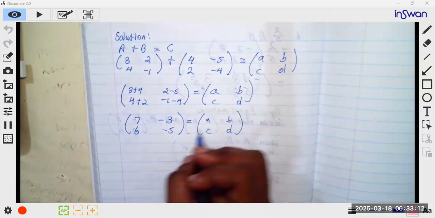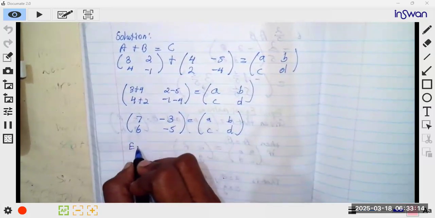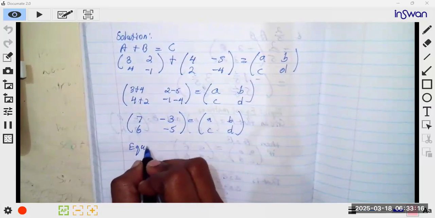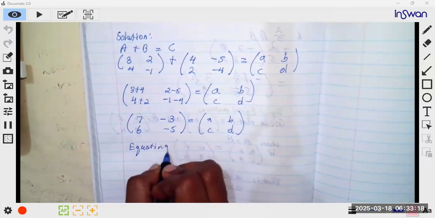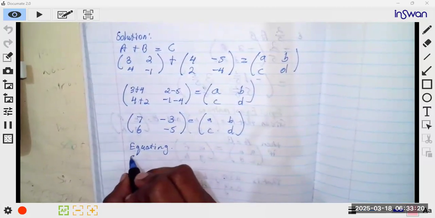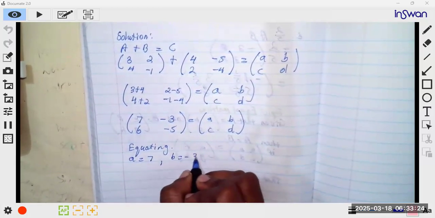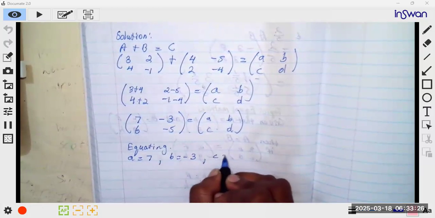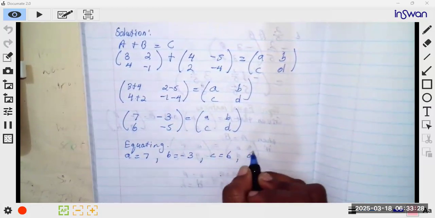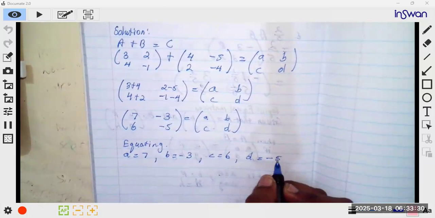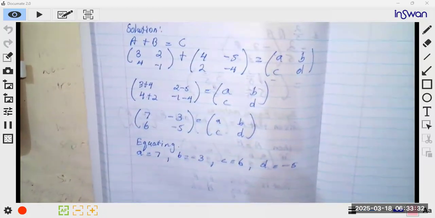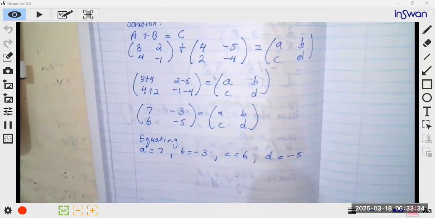So what we do is equating. So here now we'll see that A is equal to 7, B is equal to minus 3, C is equal to 6, and D is equal to negative 5. And that's the answer, and that's how you deal with equal matrices.